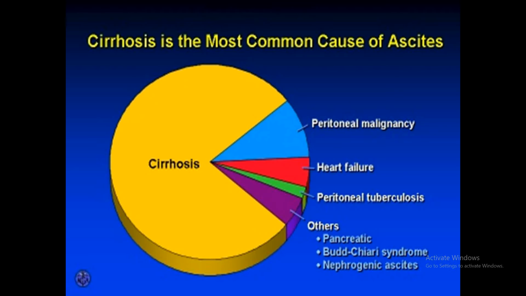There is cirrhosis of the liver. Otherwise, the peritoneal malignancy, heart failure, peritoneal tuberculosis, and others, pancreatic causes, Budd-Chiari syndrome, that is the blockage of the hepatic veins, and nephrogenic ascites because of the chronic renal failure.